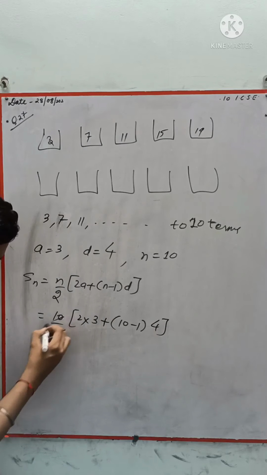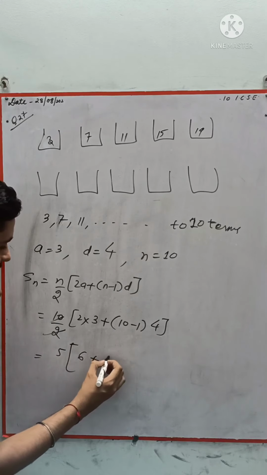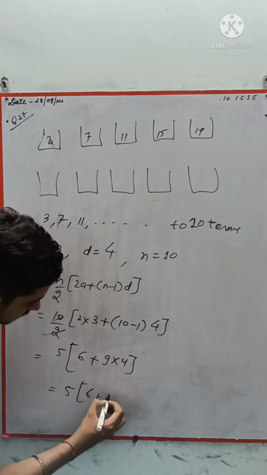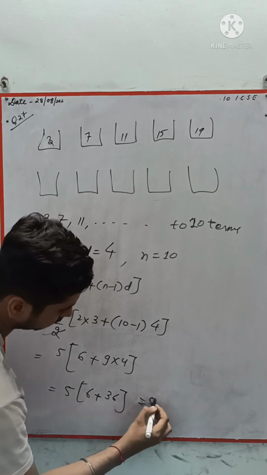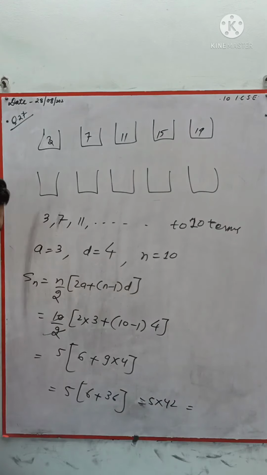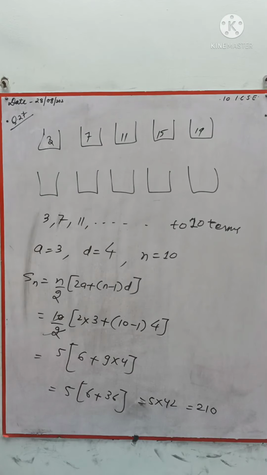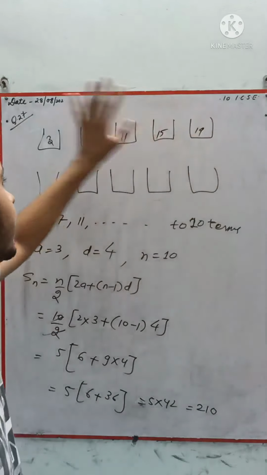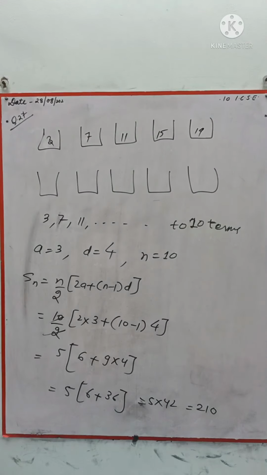All the things are with us. 5 bracket 3 2s are 6, 10 minus 1 is 9, 9 into 4 is 36, 5 bracket 6 plus 36. Okay, that is 5 into 42, which is 210. Okay, so the answer is 210. Means this many marbles he has kept in all these 10 boxes. Understood?